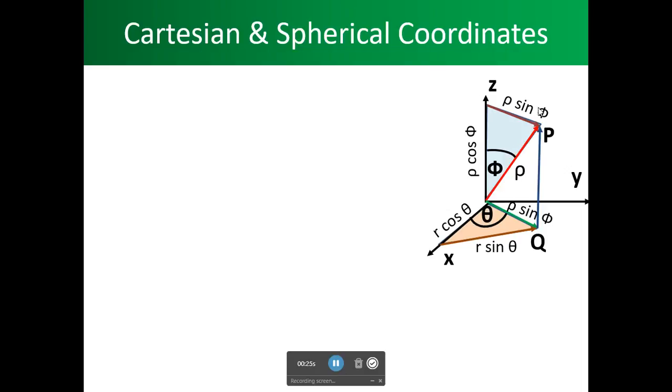Phi is the angle, and as we have rho, if you take the right angle, this is at a right angle, this is parallel with the XY plane, as you can see, so this would be 90 degrees.